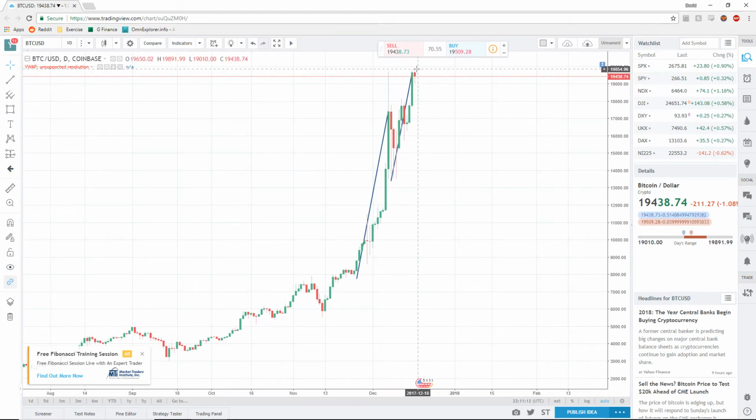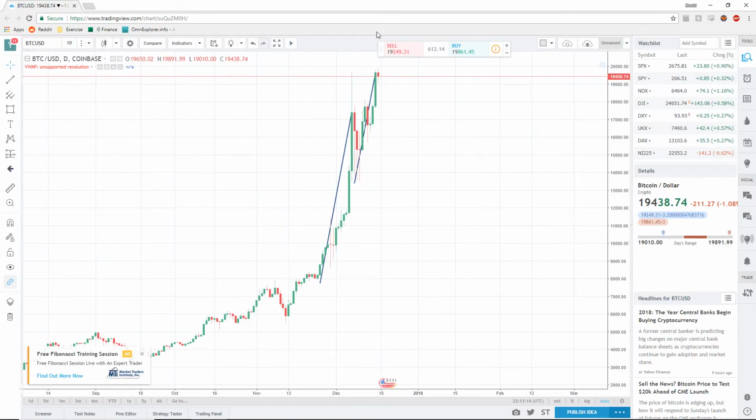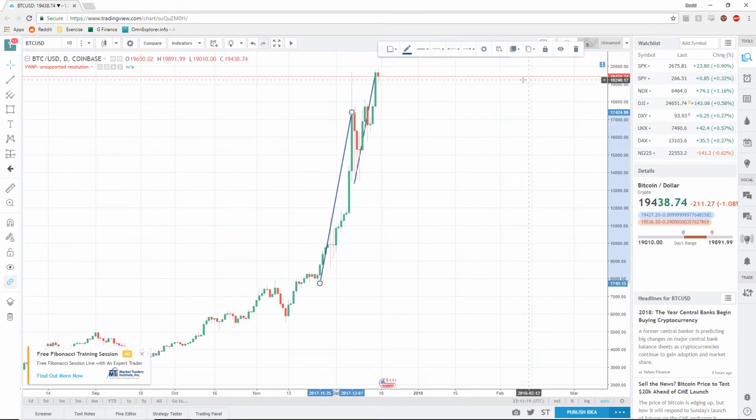So if it goes up, it might still go up for a bit, to match the size of this one. But it's hard to tell, especially with something so new.